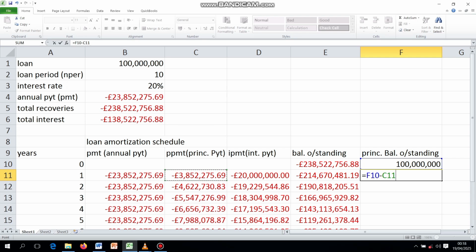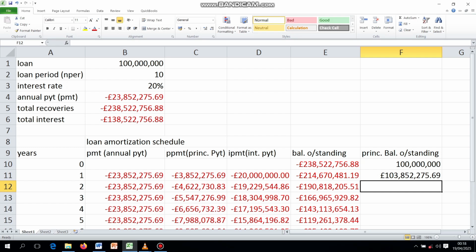Oh, it's a negative. So a negative and a negative will make a positive, and the principal balance of the loan.